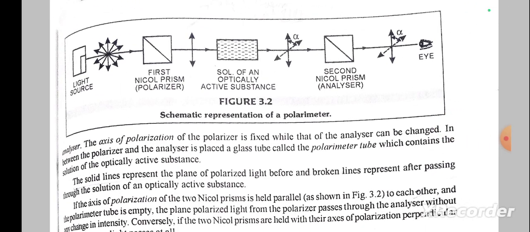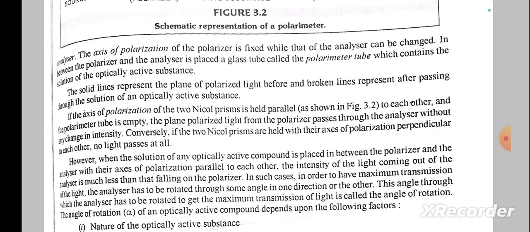The axis of polarization of the polarizer is fixed, while that of the analyzer can be changed. In between the polarizer and the analyzer is placed a glass tube, called the polarimeter tube, which contains the solution of the optical substance.